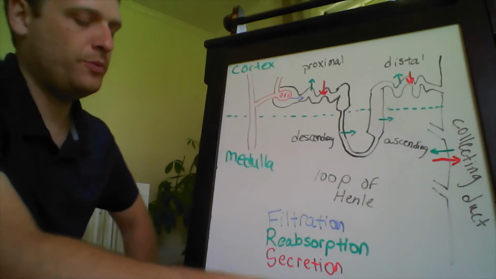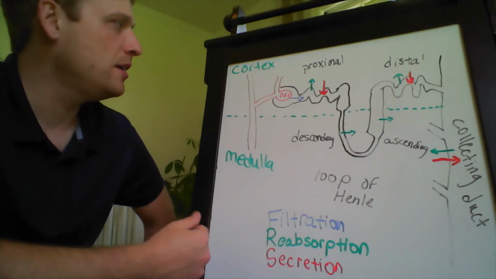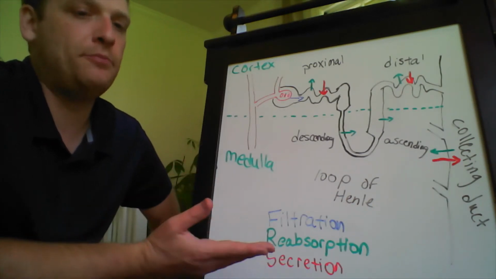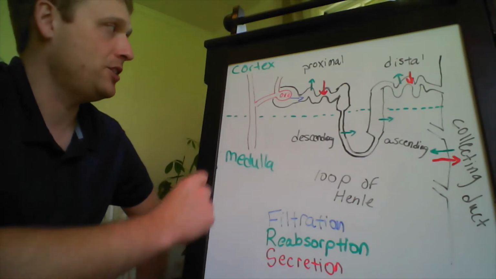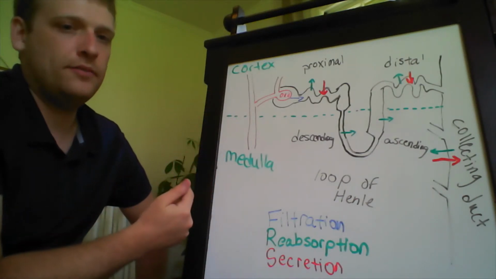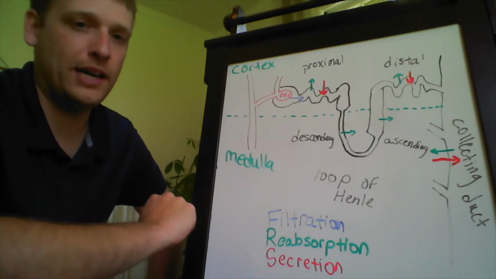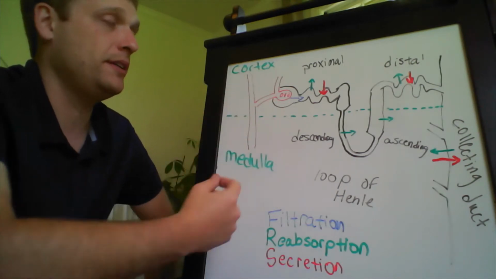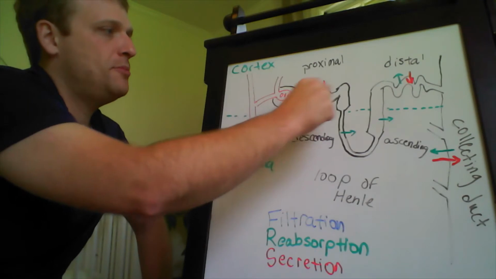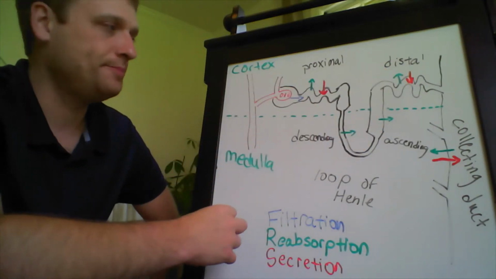So when we looked at those renal pyramids before, those little triangles, those basically form the boundary between the two main regions of the kidney, which is the outer cortex and the inner medulla. So the nephron and the glomerulus are going to be completely located out in the cortex. And the proximal and distal tubules are going to be located in that cortex as well.